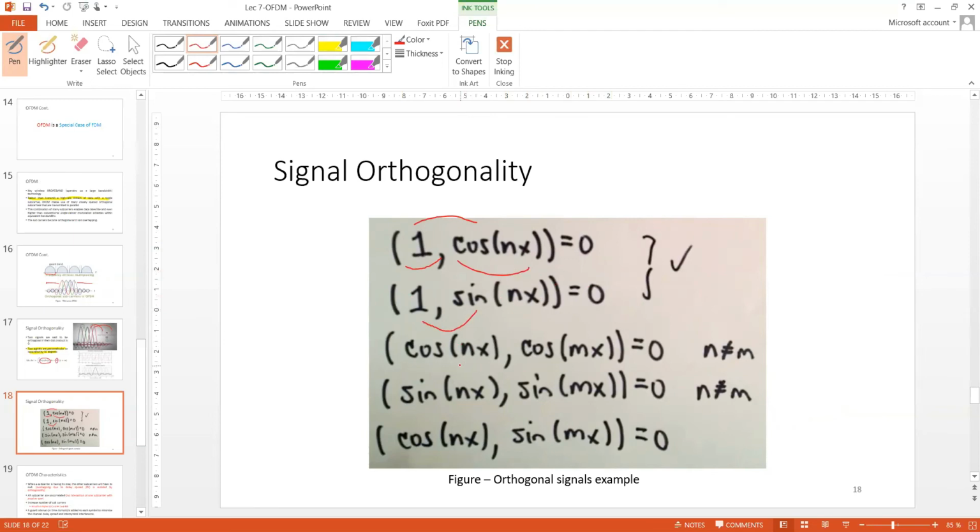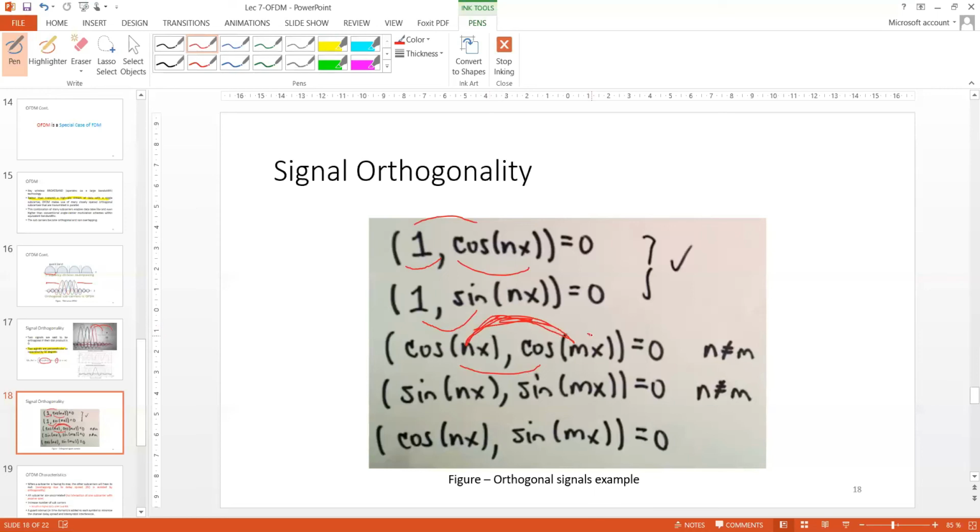Similarly, if a cosine signal is multiplied with another cosine signal such that n is not equal to m, where n and m are, let's suppose, the frequencies of both the signals, then if the frequencies are different, the signals will be orthogonal to one another.